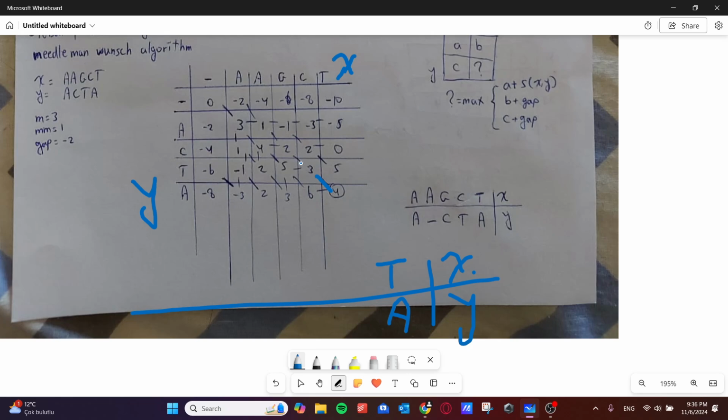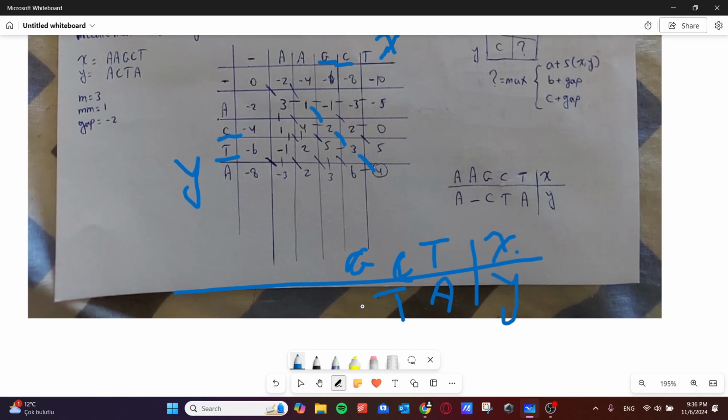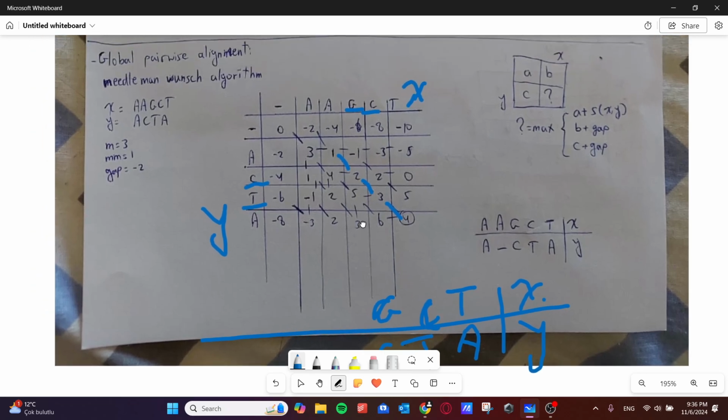Let's take another diagonal, this one: c with t, c in the x, t in the y. Here another diagonal. Our goal is to reach the most top left. Another diagonal, g with c. Another diagonal, we take a with a.